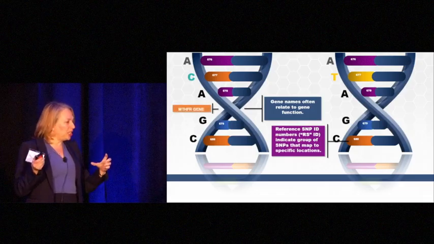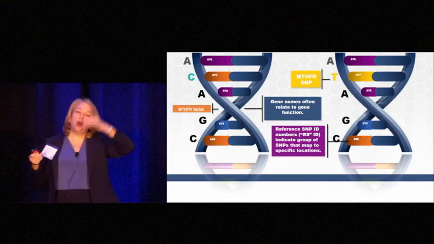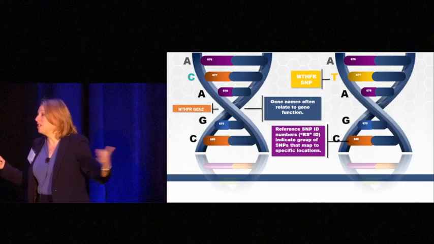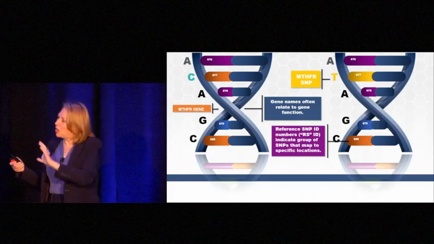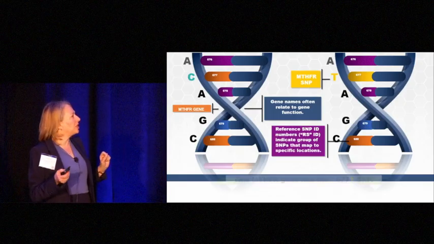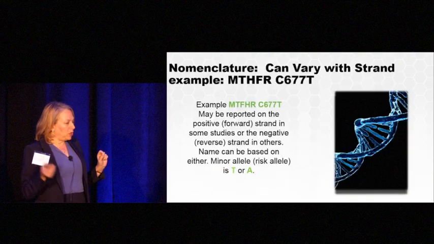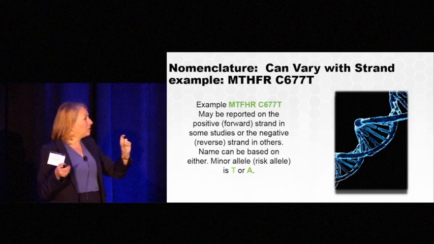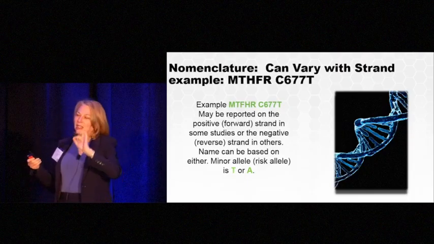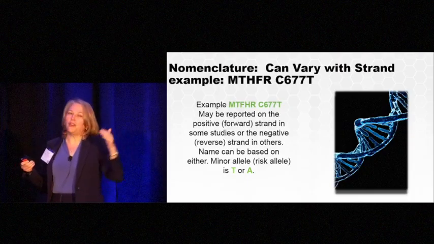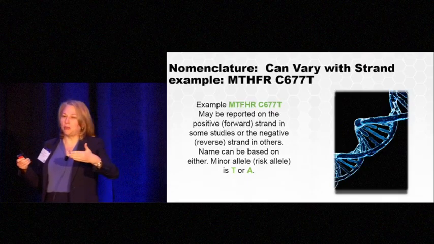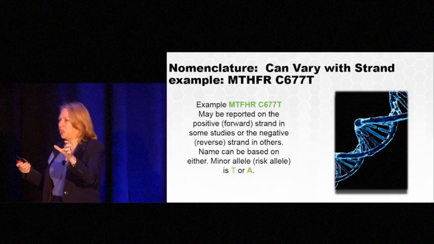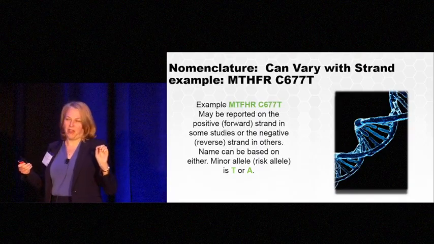And then there's the whole gene that can have multiple SNPs within. There could be 30, 40, 100 different MTHFR SNPs, and not all of them are significant. The MTHFR C677T can also be seen as, instead of a T, an A. So if you're looking at a particular interpretation product and you're like, wait, this is supposed to be that famous MTHFR gene, why is my patient having A?